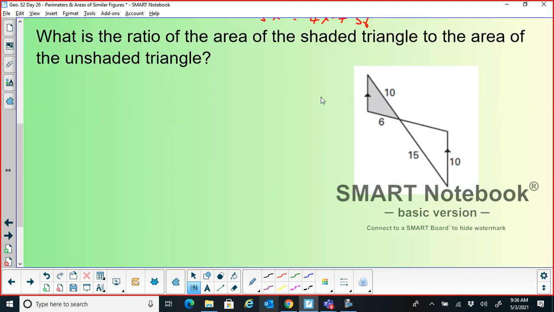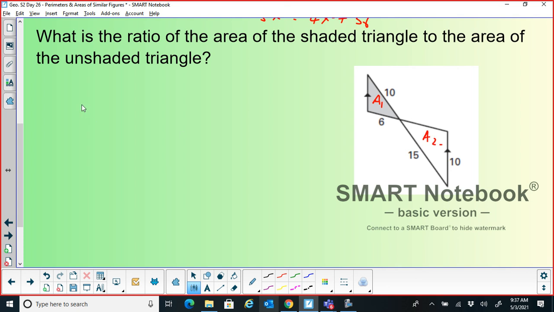What is the ratio of the area of the shaded triangle to the area of the unshaded triangle? Let me call the area of this one A1 and this one A2.